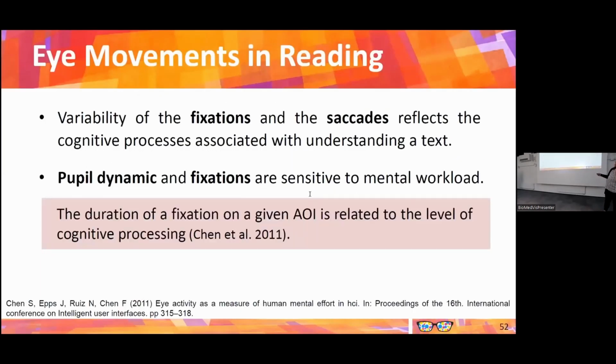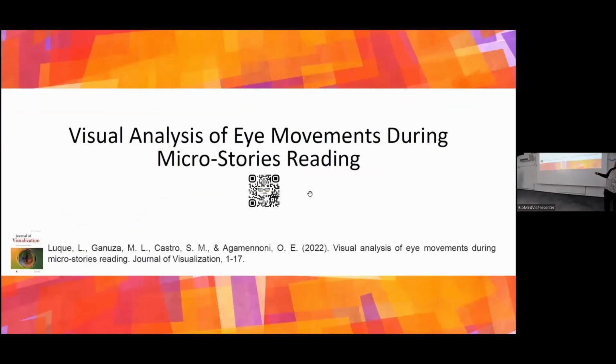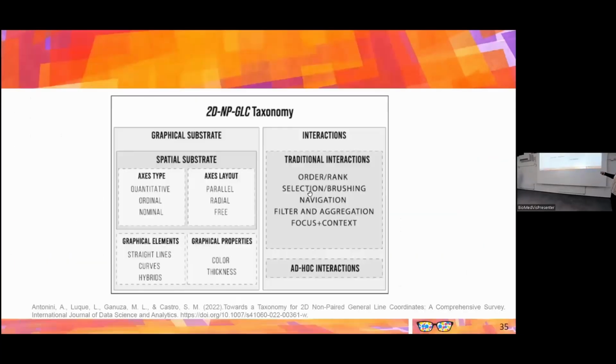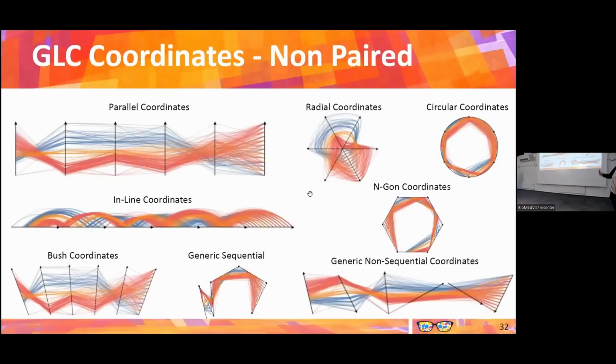No, it's not that easy. Oh, I'm sorry, I'm going back. Here. These ones? Yeah, for example. These ones, from my point of view, are not that difficult because they are like parallel coordinates, but with different layouts. So for example, here you have the same axis, but with some angles.